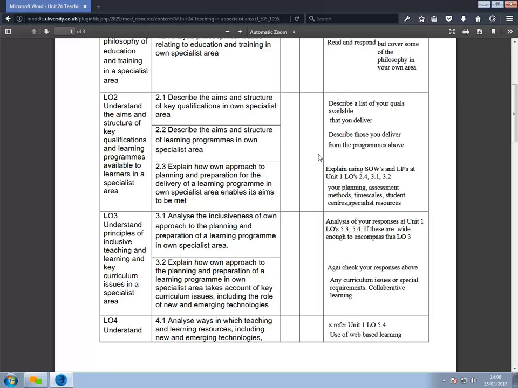So let's analyse the inclusiveness of your own approach. Analyse your responses at Unit 1. Learning objective 5.3, 5.4. These are wide enough to encompass LO3.